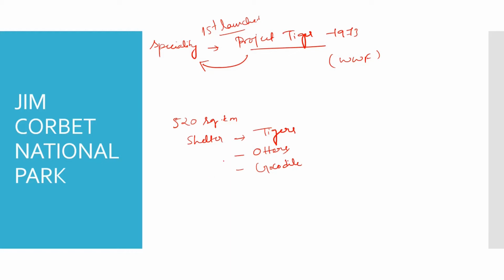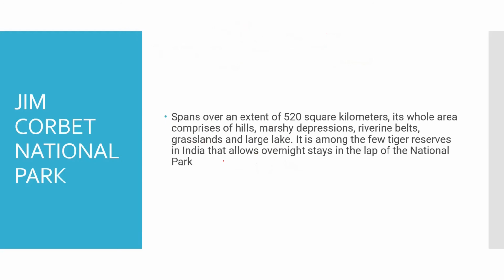These are the key points you have to remember. As I have told you, it spans over an extent of 520 square kilometers, and it is not just a forest area. It has hills, marshy depressions, riverine belts, grasslands, and a large lake. As there are different landforms, we can find different flora and fauna there.